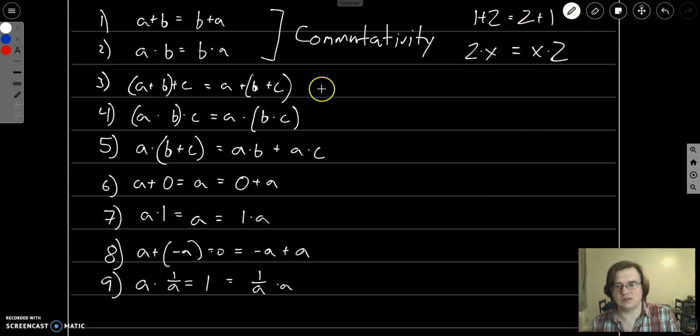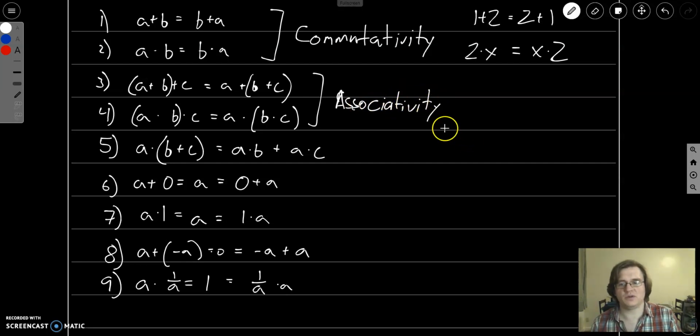The next one is a little bit more interesting. This is called associativity. This is playing around with order of operations, essentially. For the first one, if we take a plus b plus c, it doesn't matter if we put parentheses around the a and the b, or the b and the c. The same thing if we're multiplying.